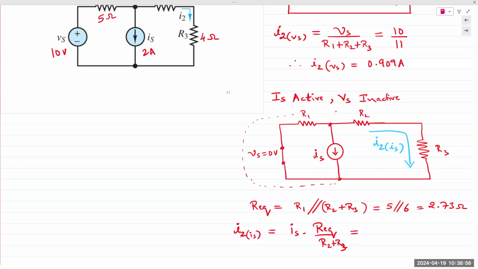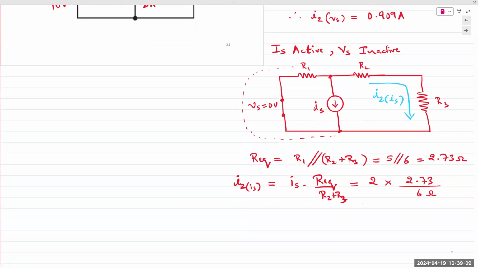So IS is 2 amps. 2 amps times 2.73. And then R2 plus R3 is 6 ohms. Surprisingly, we get the same value as before. .909 amps.